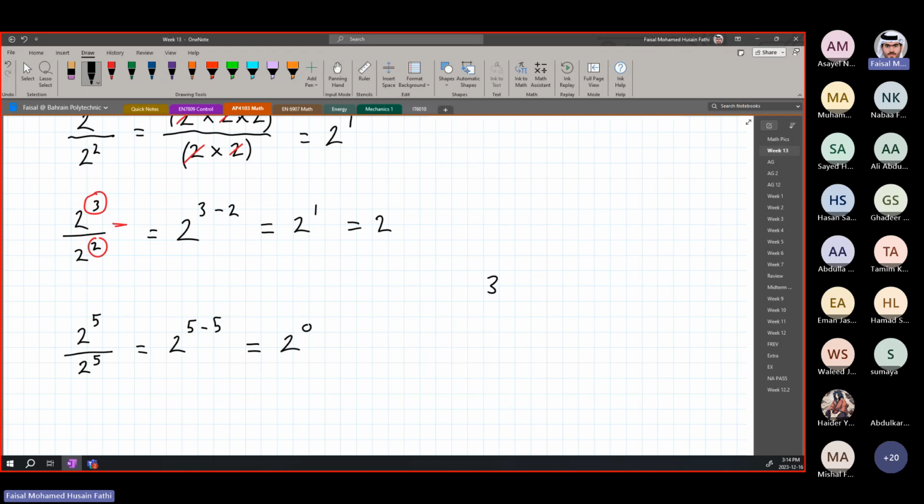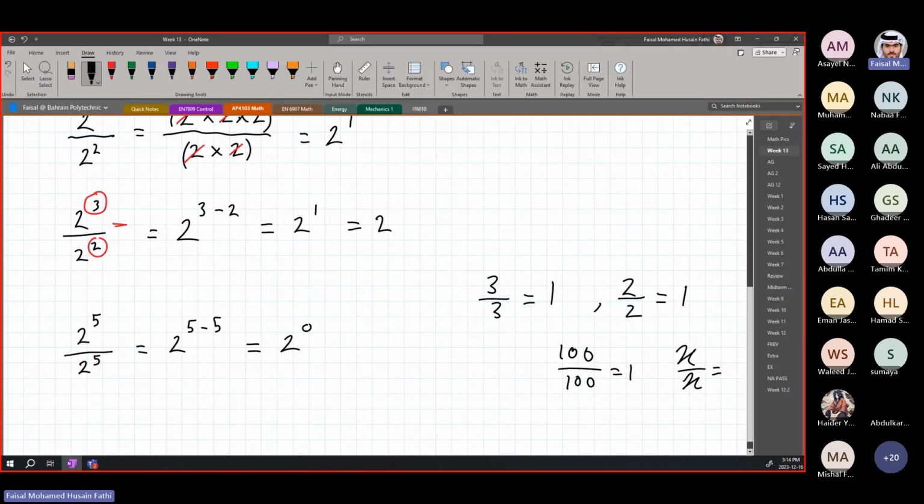Like if we have 3 over 3, what is that equal to? It's equal to 1. 2 divided by 2 is equal to 1. 100 divided by 100 is equal to 1. X over x is equal to 1. So if we have 2 to the power of 5 divided by 2 to the power of 5, it is also equal to 1.